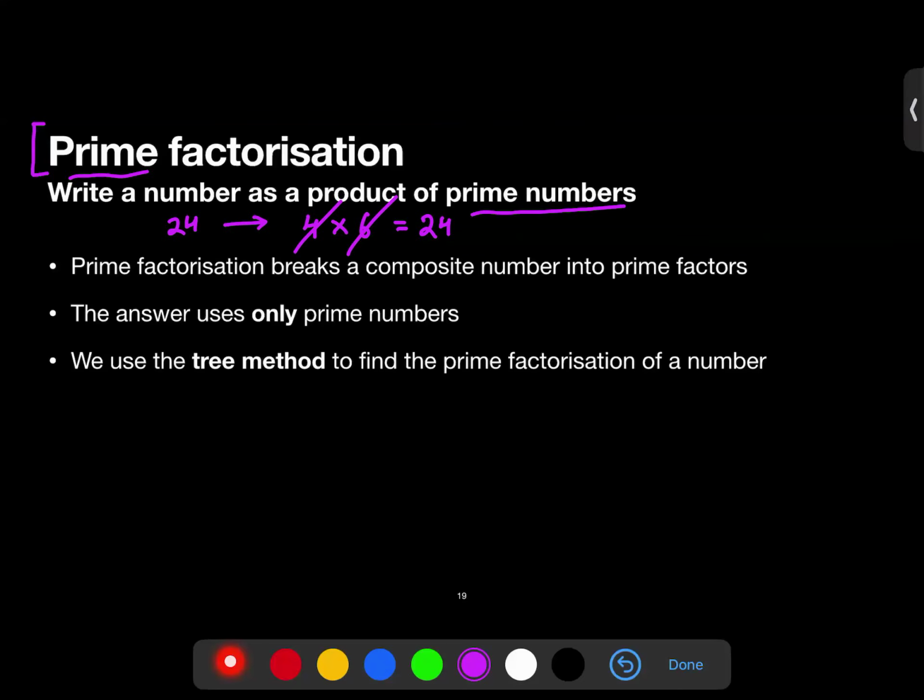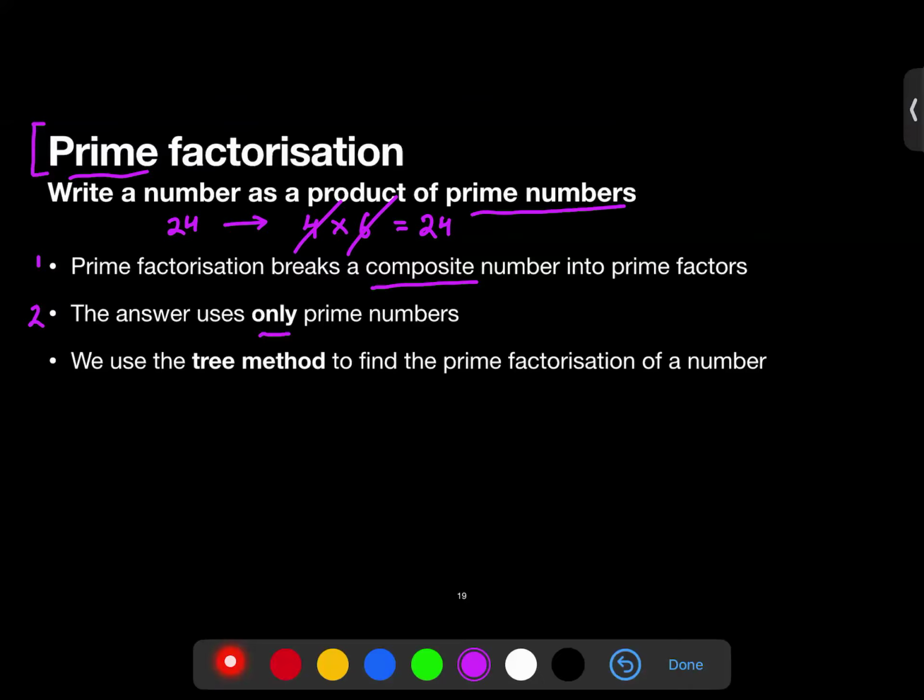So how do we do this? Prime factorization breaks a composite number into prime factors. And again, the answer uses only prime factors, prime numbers.